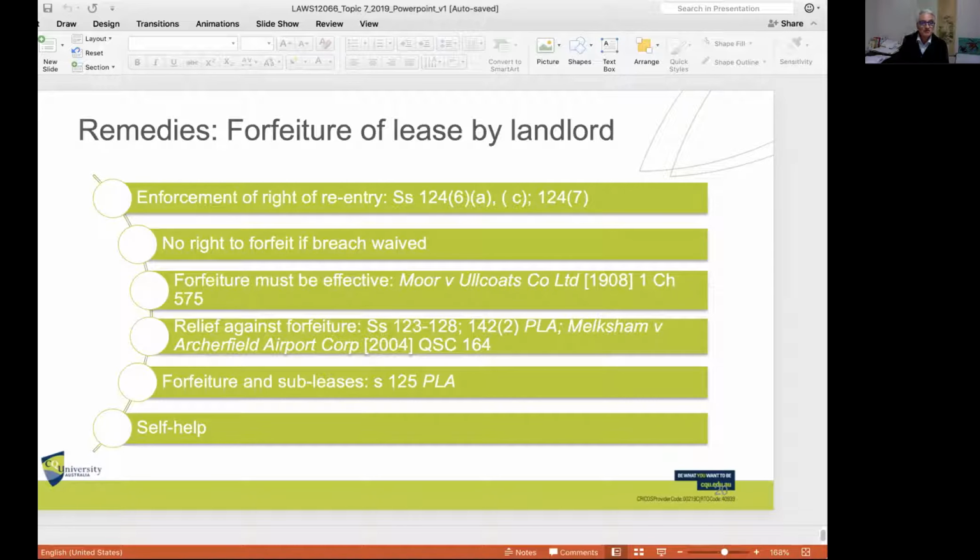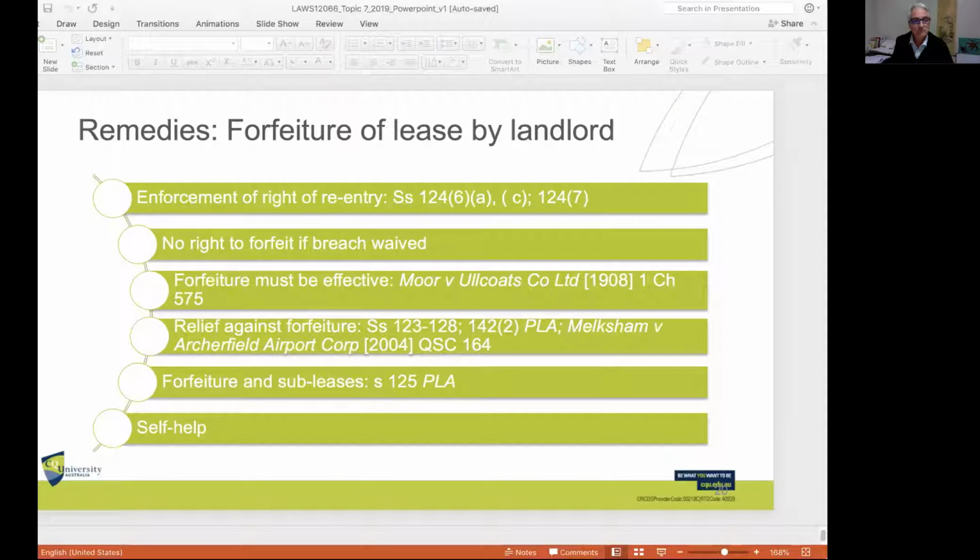And you can see there in the slide that there's reference to section 124, sections 123 to 128, forfeiture in relation to subleases, section 125, and also a remedy of self-help. And you will see that these are discussed for you in the casebook and also in the slides.